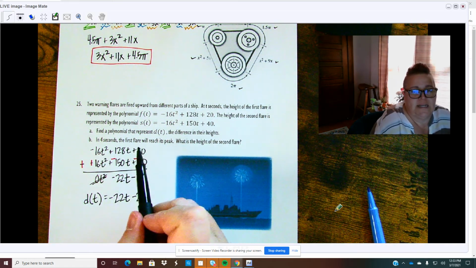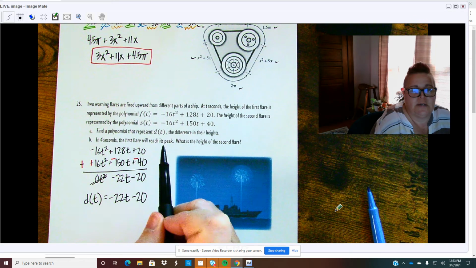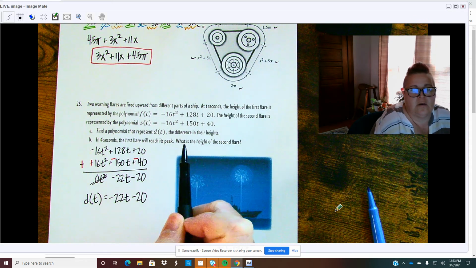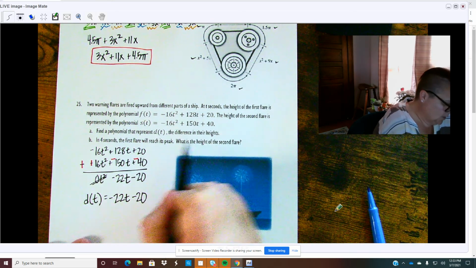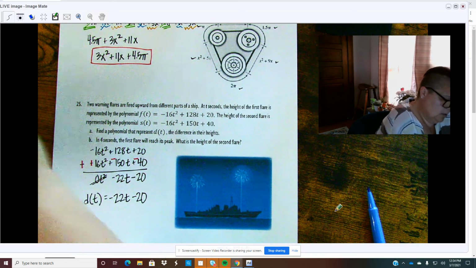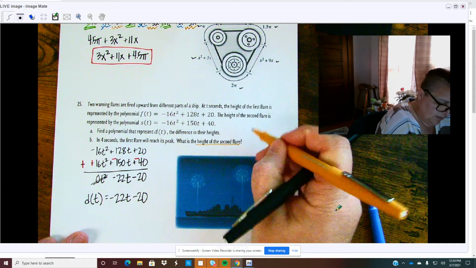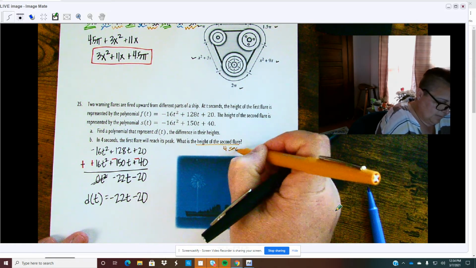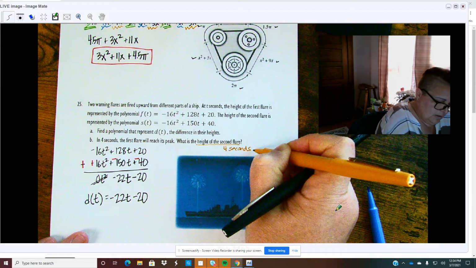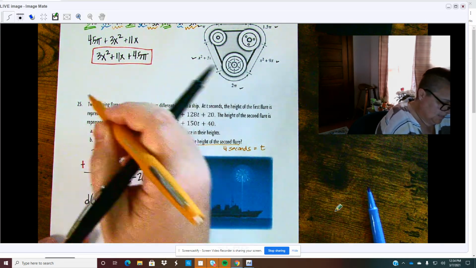In 4 seconds, the first flare will reach its peak. What is the height of the second flare 4 seconds in? So 4 seconds is my t.